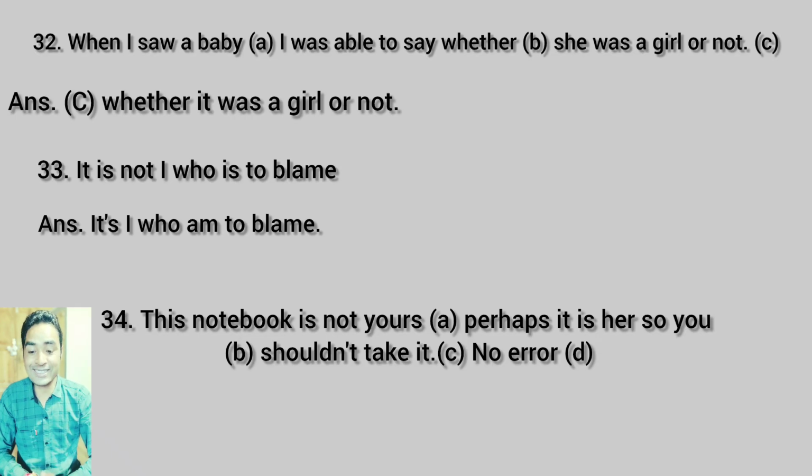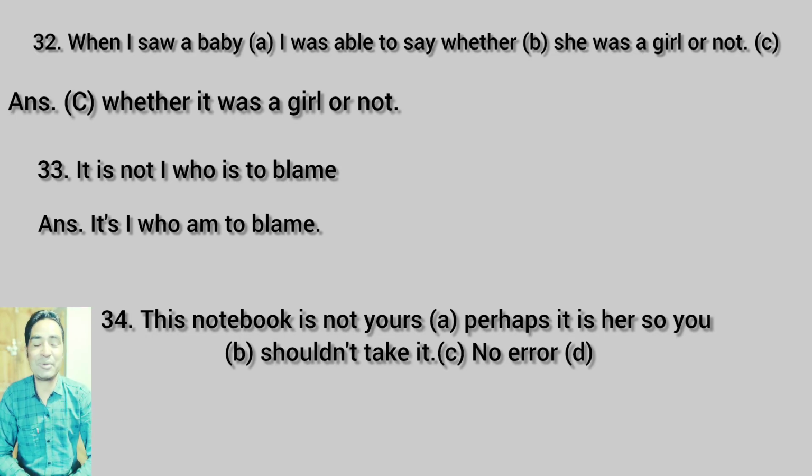Question number 34. This book not is yours, perhaps it is her, so you shouldn't take it. Shouldn't is a contracted form of should not. As we have learnt about the subjective case, objective case and possessive case of personal pronouns, you know very well about it.